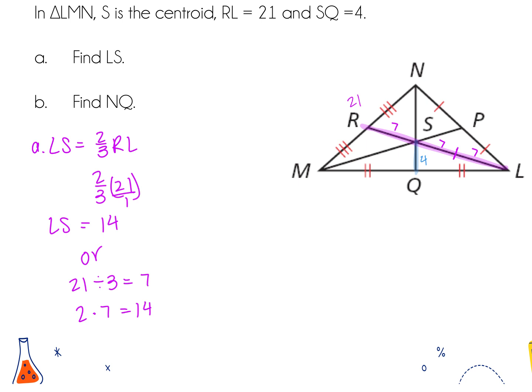asking for. So now, if I'm looking for NQ, how would I solve for NQ? They're giving me only a piece of it. They're saying a part of it, or 1/3 of it, is 4. How would I find the total? I can take it and say, okay, remember, if 1 out of those 3 parts is 4, that means this other part has to be 4, this other part has to be 4.